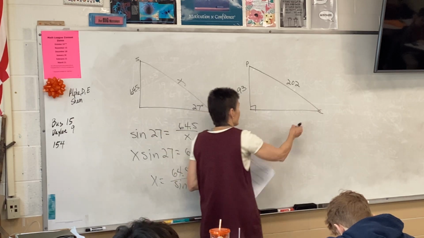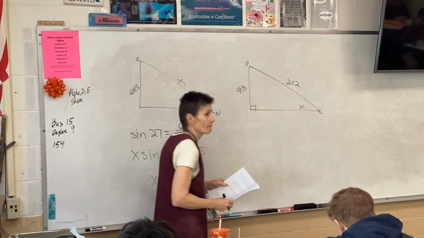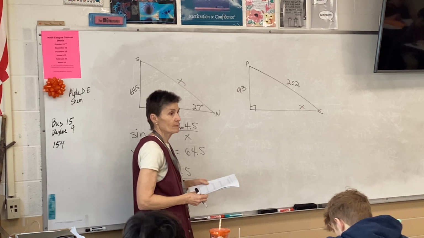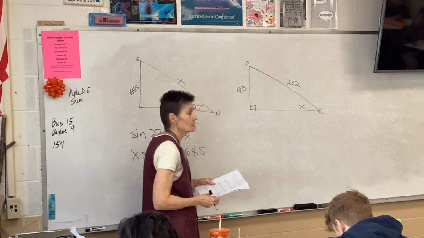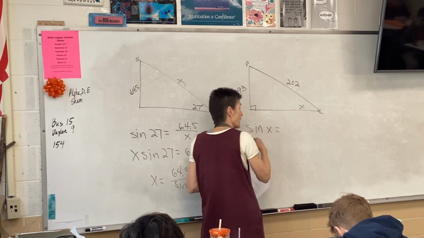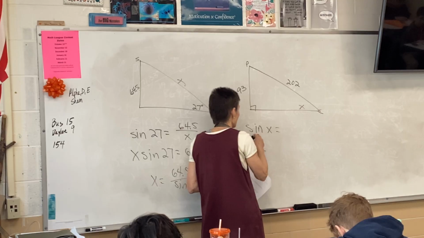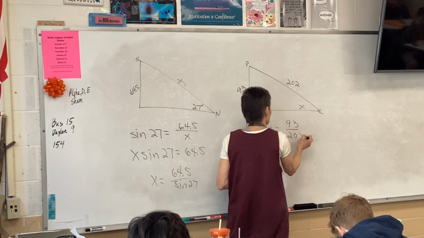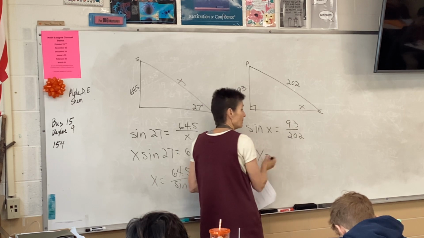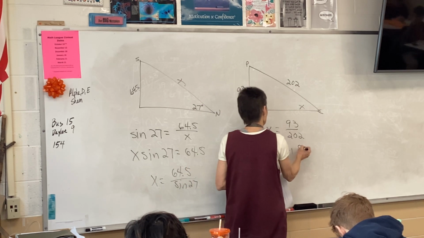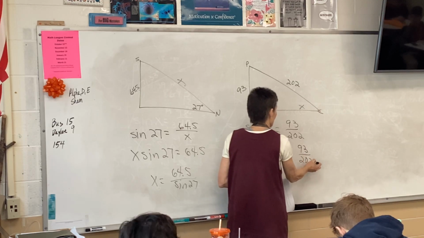And I want to find the angle. Sine, cosine, or tangent? Sine. So sine x. Remember, the angle always goes with the sine. So sine x equals 93 over 202. What am I going to type into my calculator this time? Inverse sine, 93 over 202.